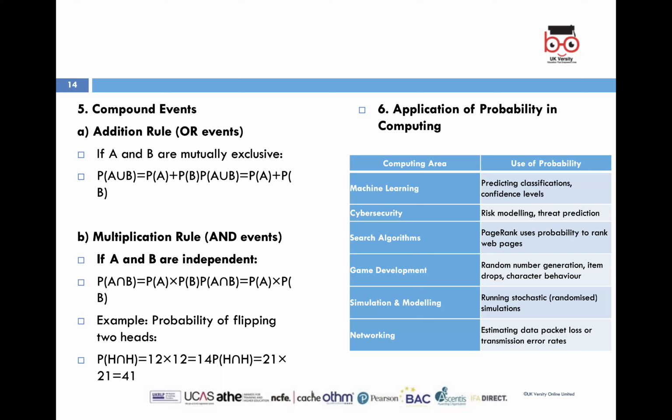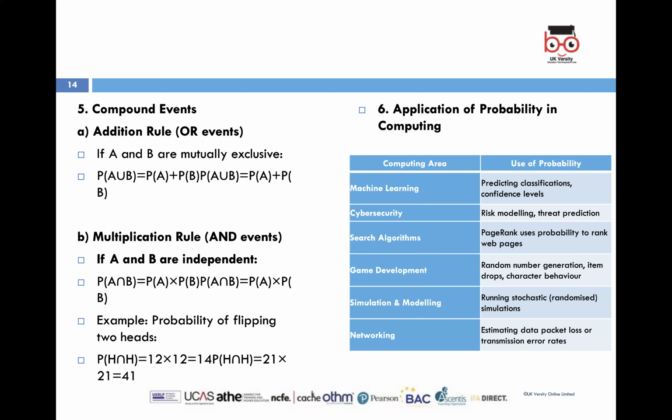Applications of probability in computing. In the area of machine learning, probability is used to predict classifications and confidence levels. In cybersecurity, risk modeling and threat prediction are used. In search algorithms, PageRank uses probability to rank web pages, and in game development, random number generation, item drops, and character behavior.